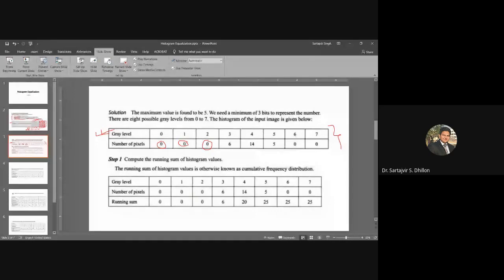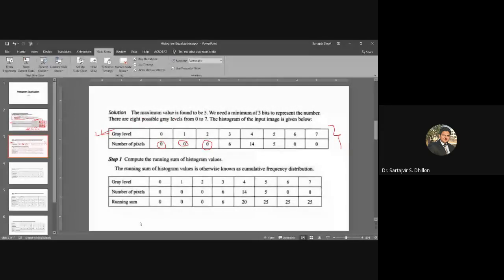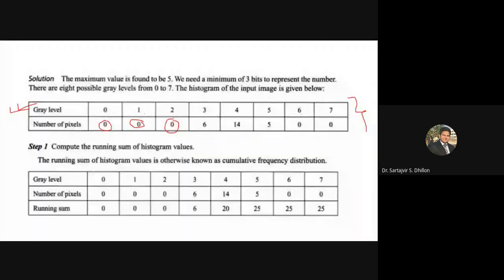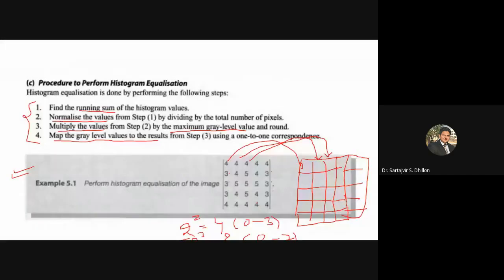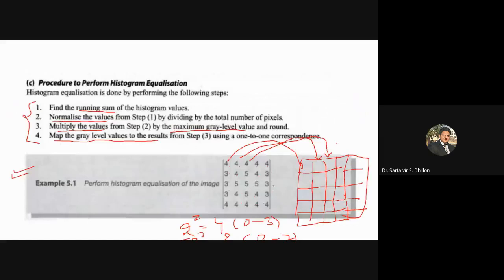So in this image, we have six threes. How many fours are there? There are 14 fours. Then five fives are there, and 0 for 6, and 0 for 7. You can just go through it.